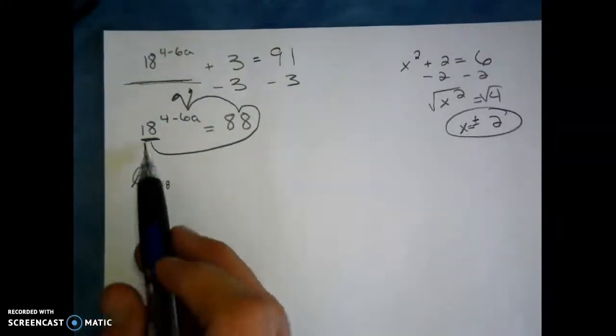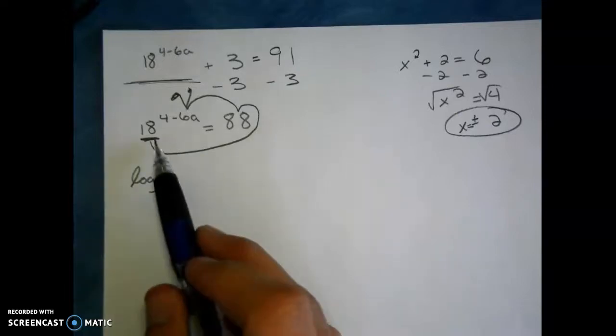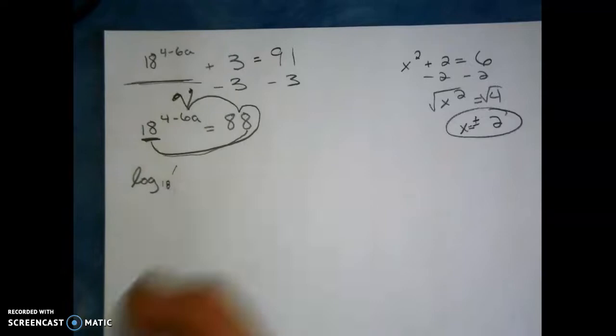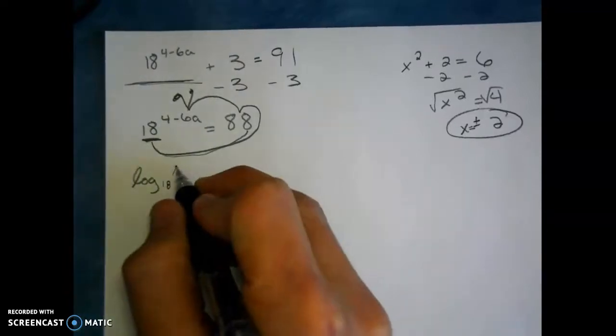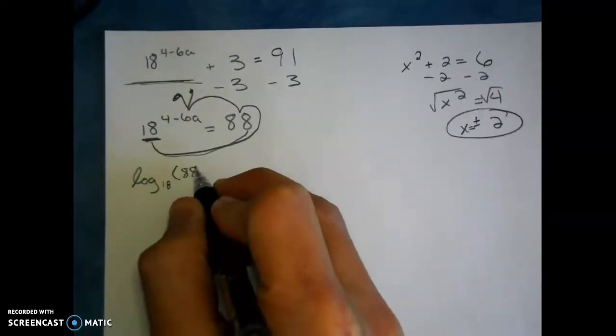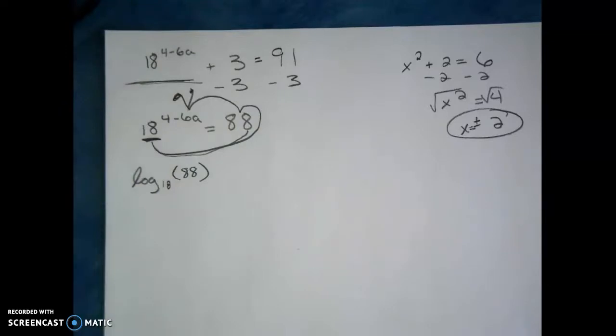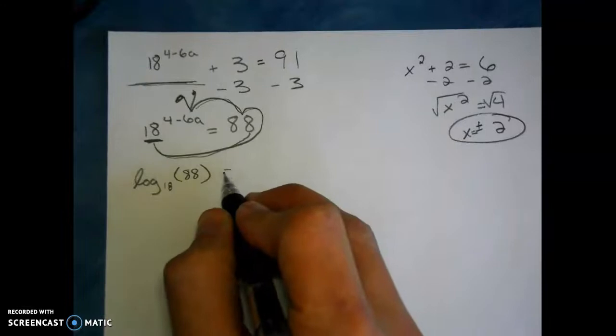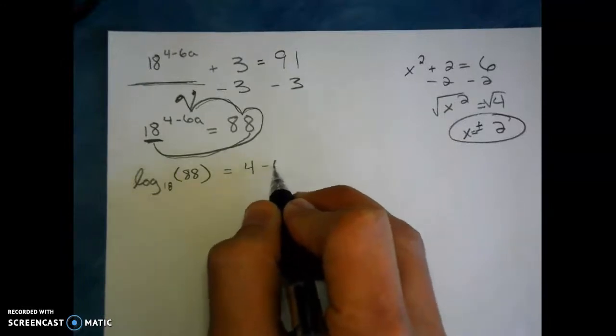Okay, so we already have our base down there. So then we follow, we get to 88, so that's our next one here. So put 88 inside here. And then we follow again down to this one. So we set it equal to 4 minus 6a.